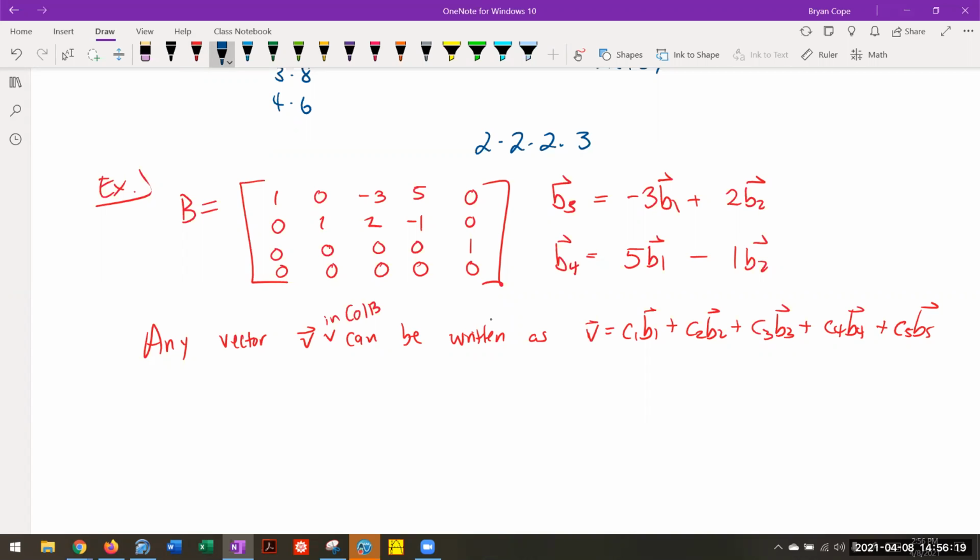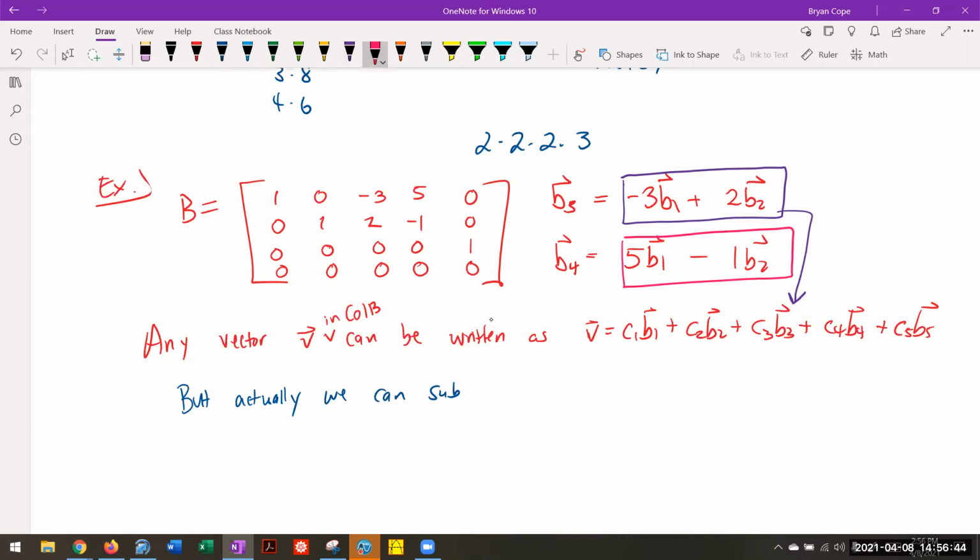Okay, so we know that any vector in the column space can be written as a linear combination of the columns. But actually, look what we have. We can substitute some stuff, can't we? Because of this thing that we observed, this statement here can go in place of B3, thereby eliminating B3. And this thing right here can go in place of B4, thereby eliminating B4. So what does this mean?